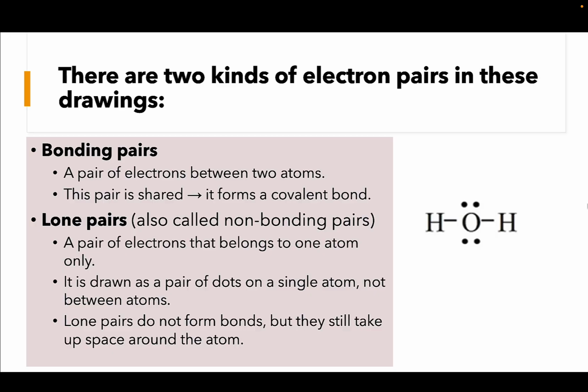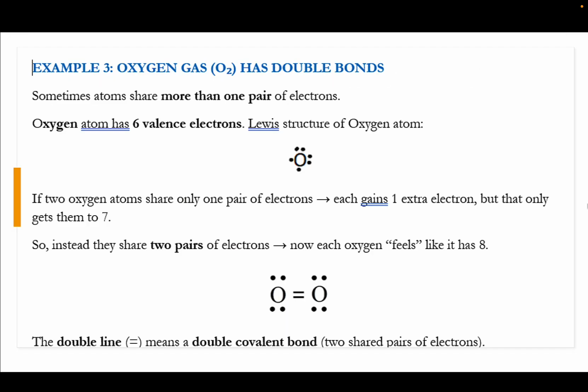The lone pairs or the non-bonding pairs are kind of like the leftovers on oxygen, right? It came with 6, it wanted to share 2, but 4 of them it's keeping all to itself. These still take space around the atom. They do not participate in bonding, but they do still count on the oxygen towards its octet and are very important to make as part of our Lewis structure.